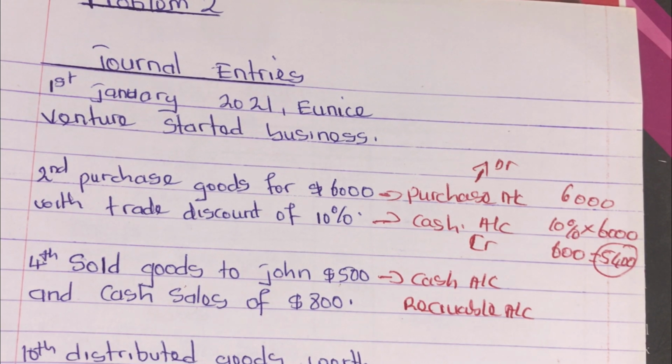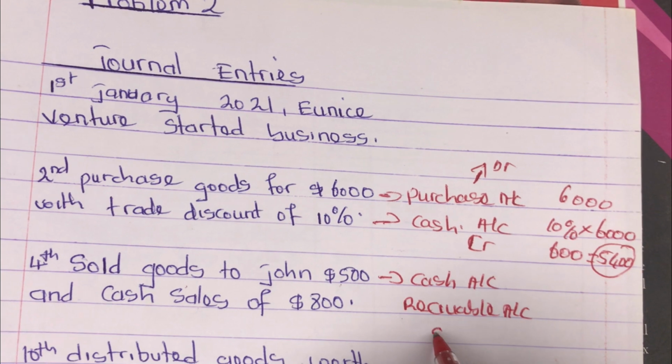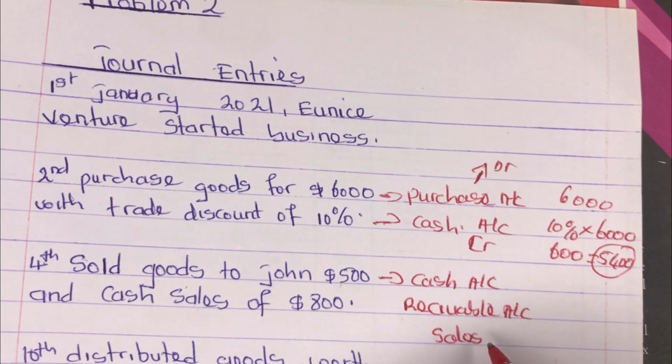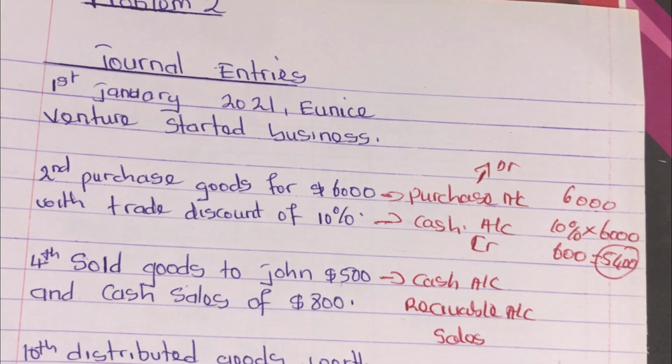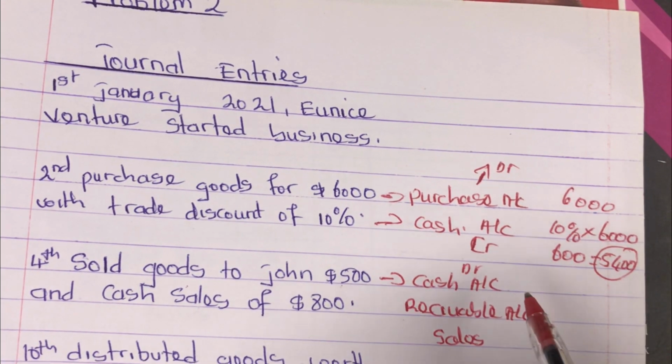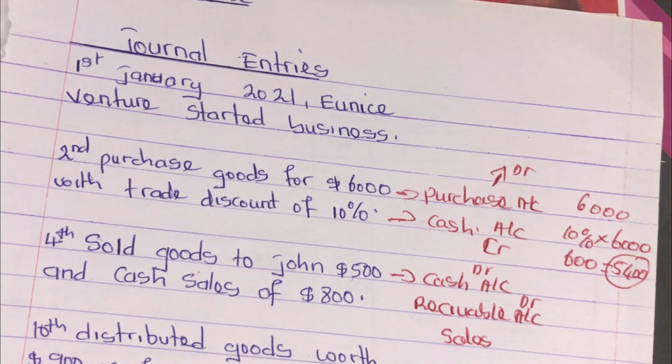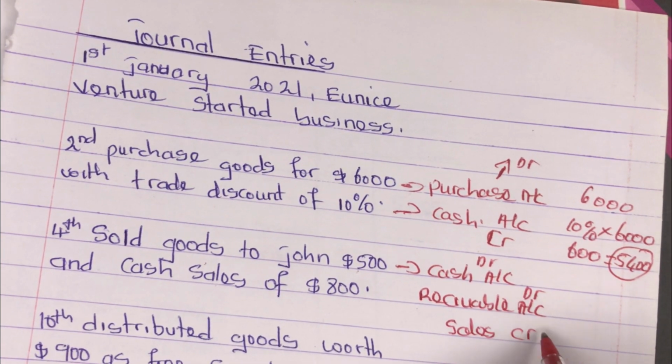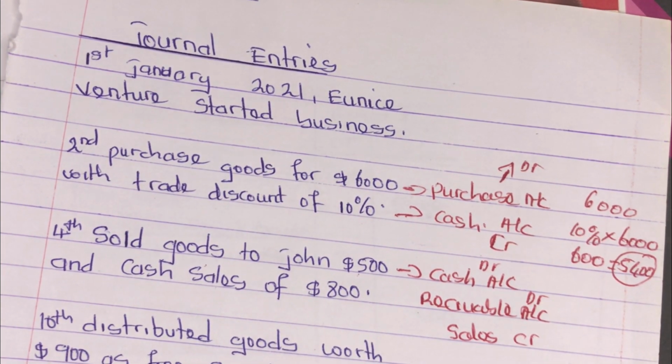The receivable account is also increasing, and the last one is the sales account. So the sales account is increasing. So we debit the cash account, we debit the receivable account, and we credit the sales account.